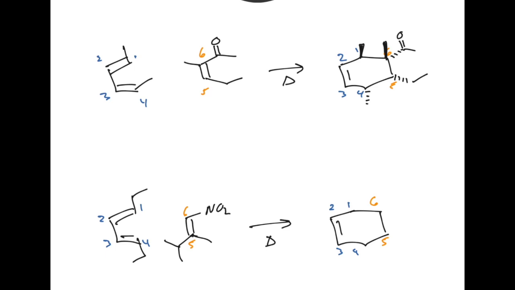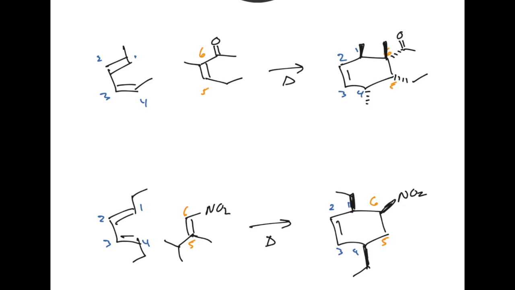All right, so the groups on carbon 1 and carbon 4 are both outside, so they're both on the same side. So I'll put those up. And then the nitro group, we'll see it's up.